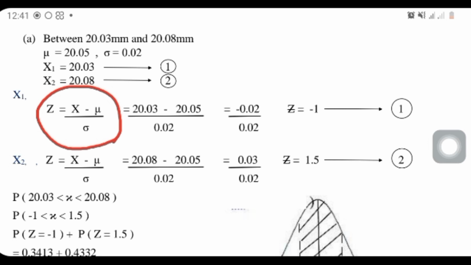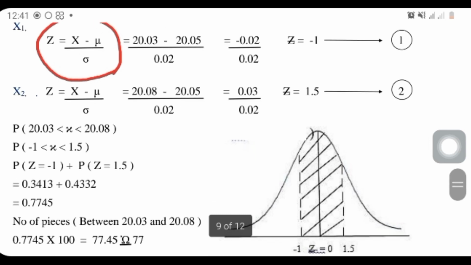So we have minus 0.02 divided by 0.02, and the z value for x1 is minus 1. Then I repeat that for x2: x2 is 20.08, and the same 20.05 is subtracted, then divided by sigma, the standard deviation, which is 0.02. So we have 1.5 as the z value for x2.